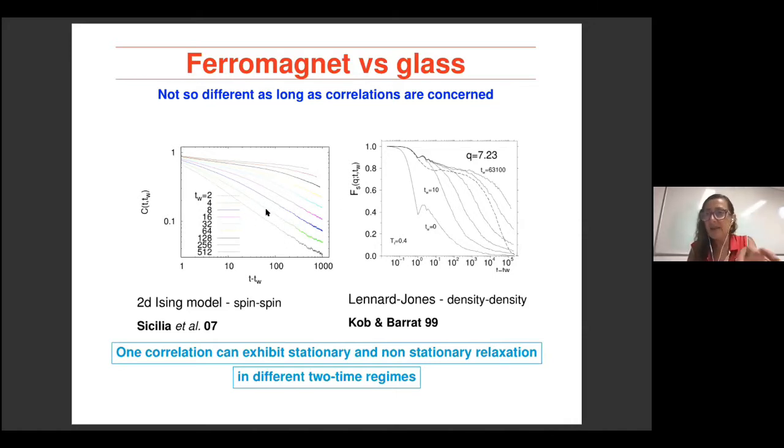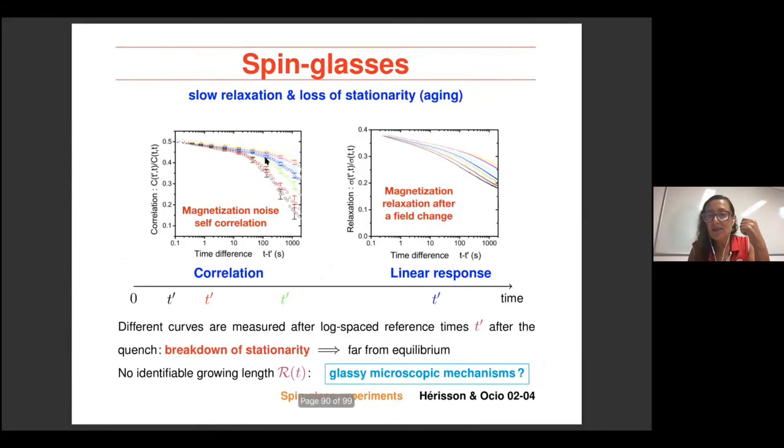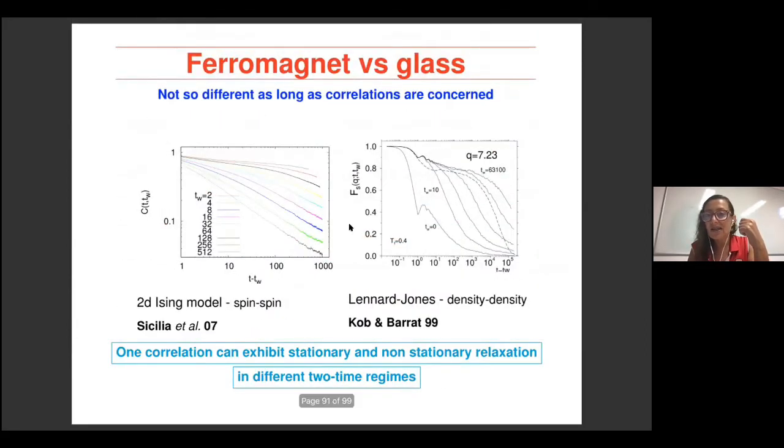This is just a spin-spin correlation function. This is a density-density correlation function in the particle systems. So you have similarity between these correlations and these correlations, but in this case, you know what's going on. There is coarsening of ferromagnetic locally ordered regions.